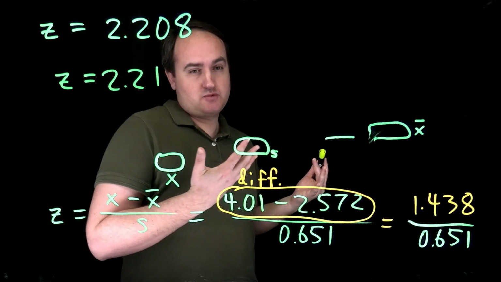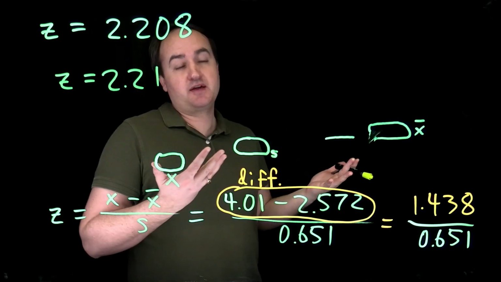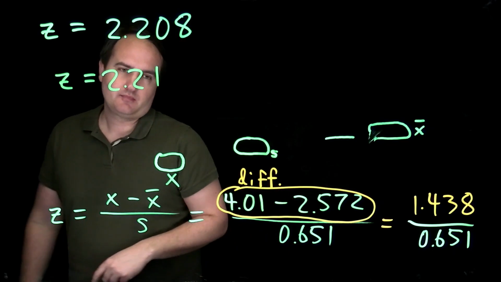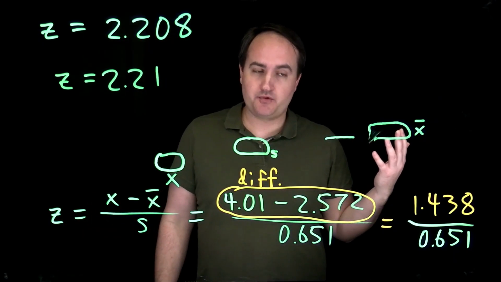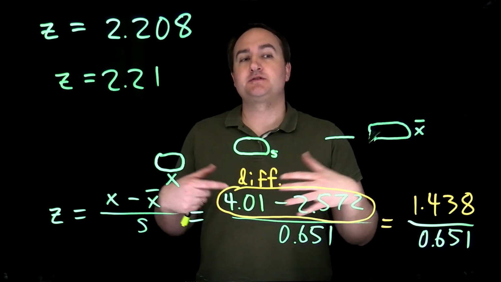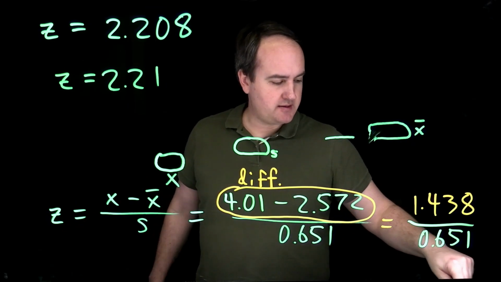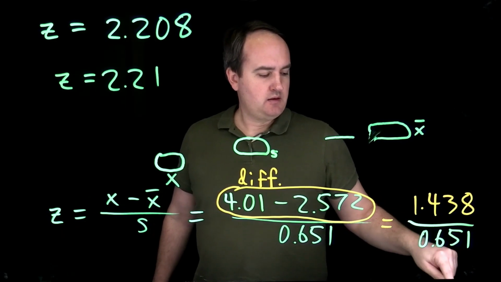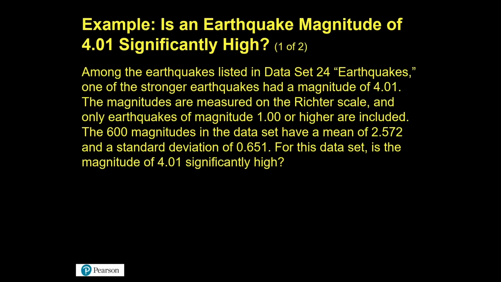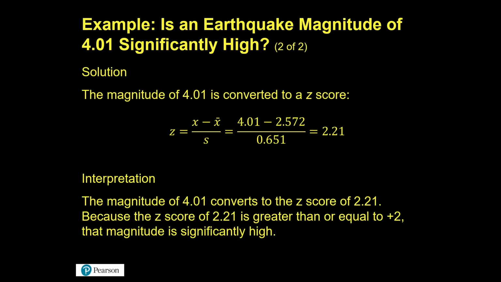They also asked us whether this z-score is significantly high. If you remember what I said about the range rule of thumb today, the answer is yes. Let's go back to the slides and see why. The magnitude of 4.01 gave us a z-score of 2.21, which I just showed you in great detail.